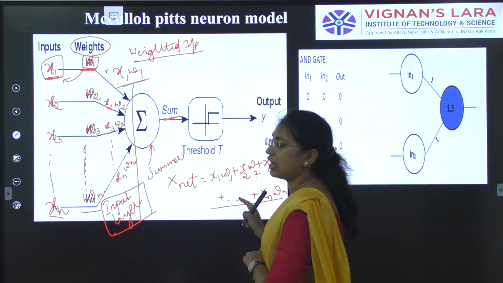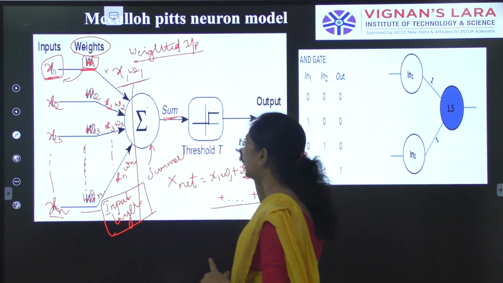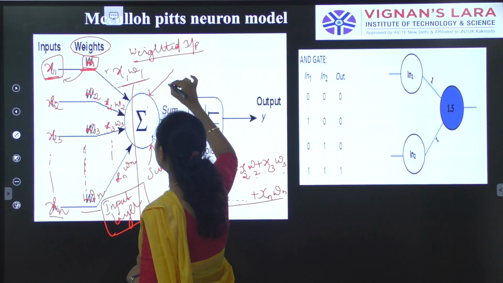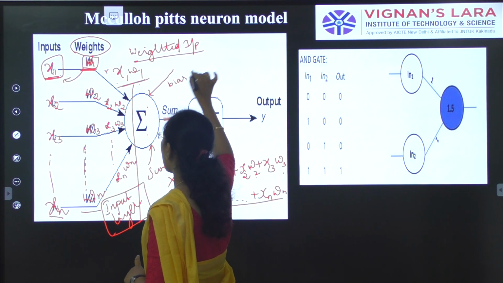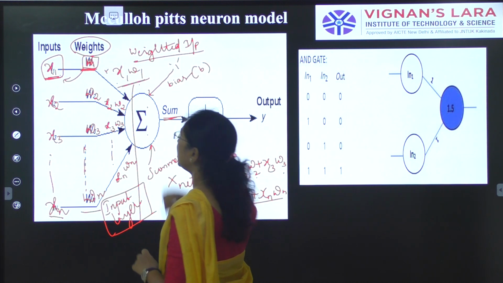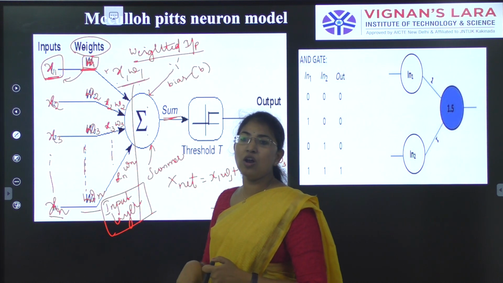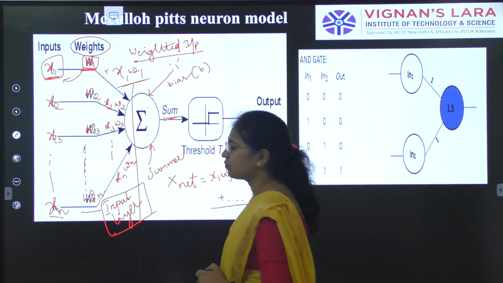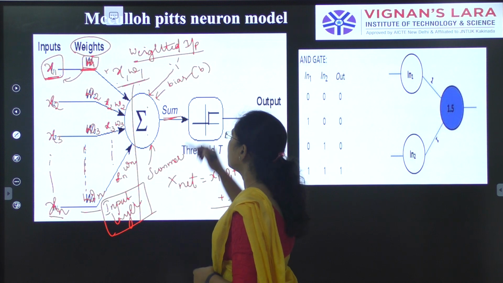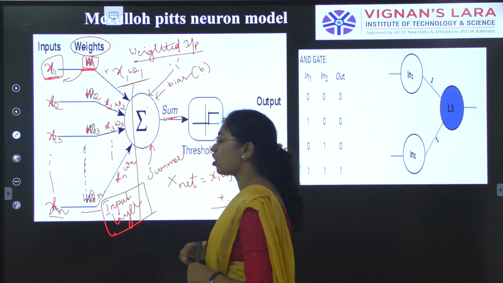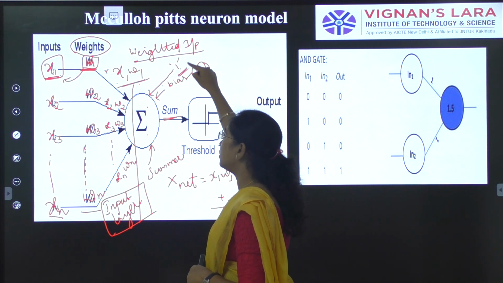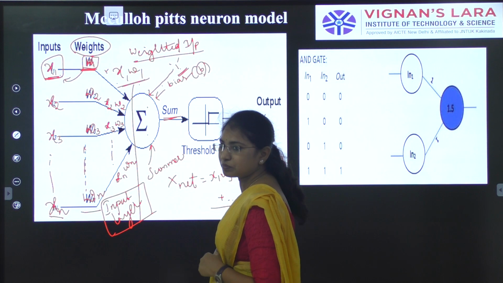In addition to these weighted inputs, as I have already told you, we will also consider another input called the bias, whose weight is represented by B and whose input is always equal to 1. So what input are we getting with the help of the bias? B into 1, because the bias weight is B and the input of this bias is always 1.